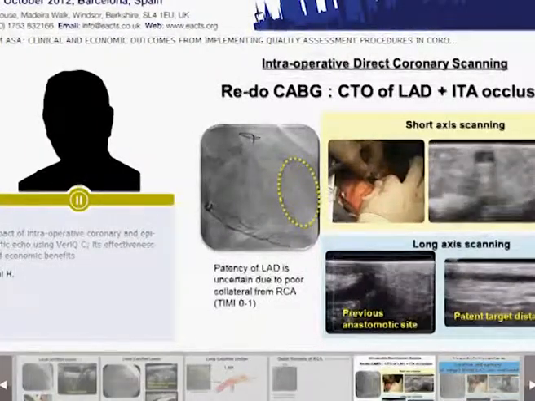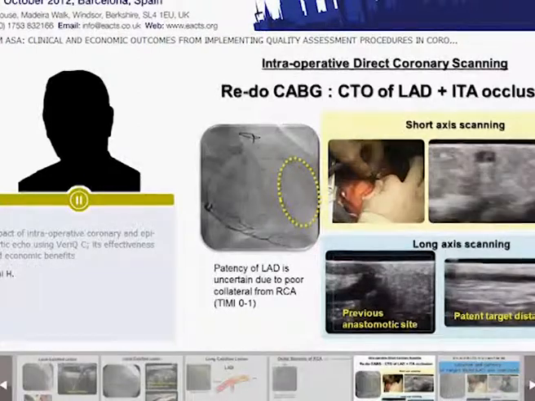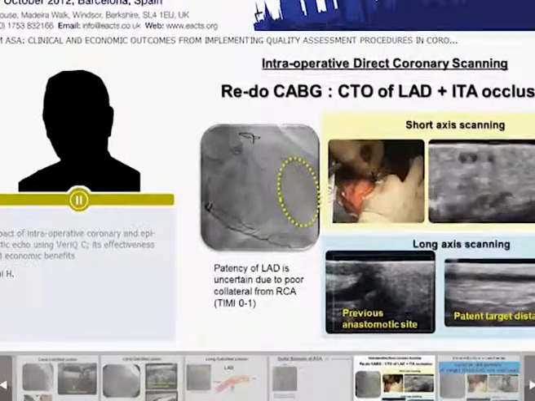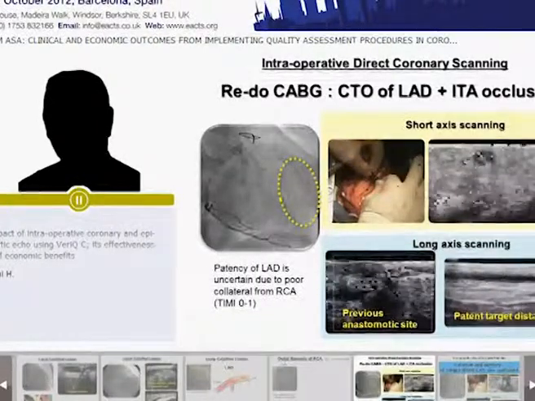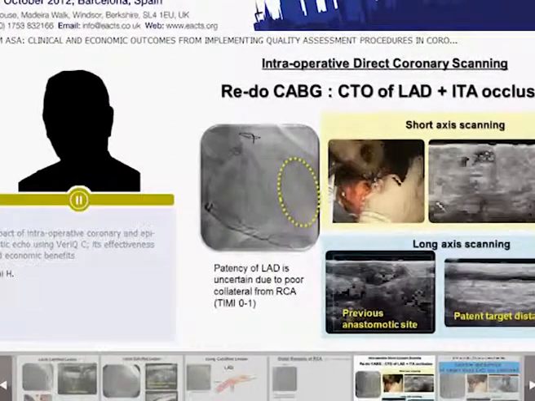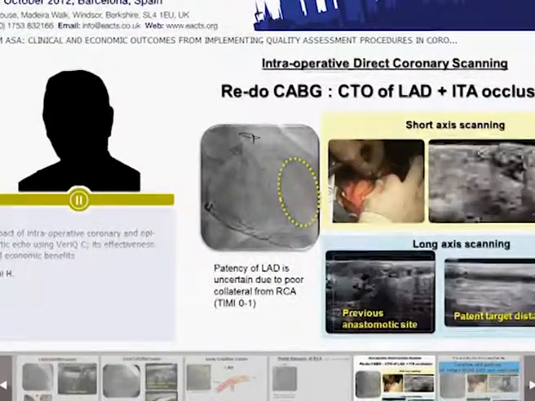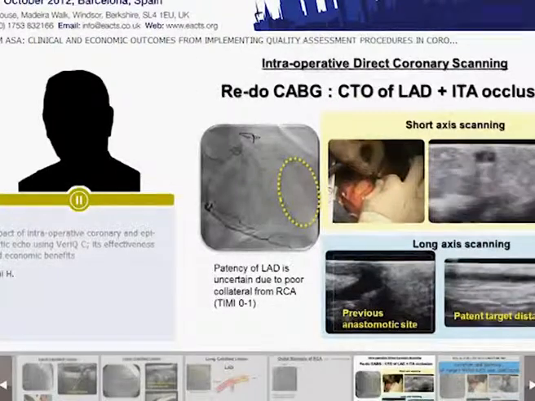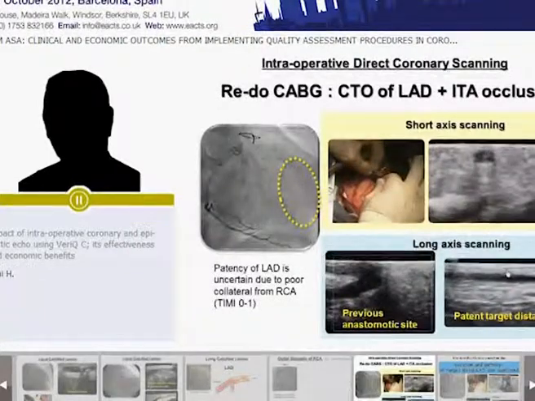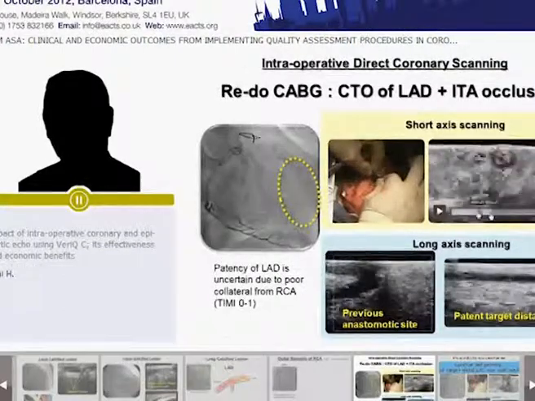This is a redo case. Another surgeon did this case, and the LITA was occluded, and there was a CTO of the LAD, and I couldn't find the actual lumen of the LAD. As Dr. Asai showed, short axis scanning showed a very nice view of that graft. Let me stop this.